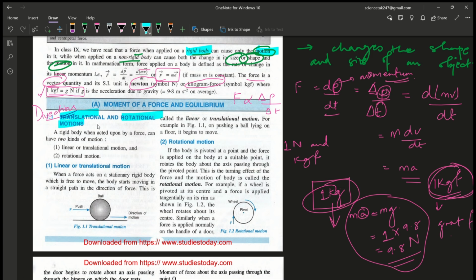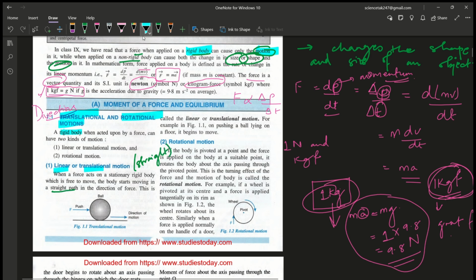This one takes a rigid body, so one condition that needs to be fulfilled is a rigid body. Let's get into linear or translational motion. Linear motion or translational motion means motion in a straight path. Straight path. Okay, students, mark this.